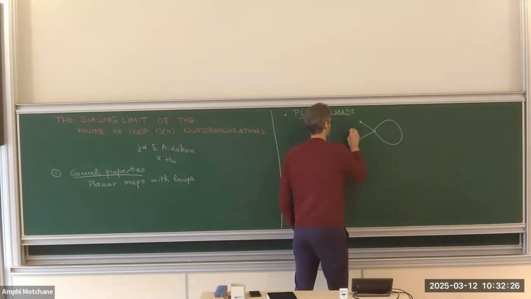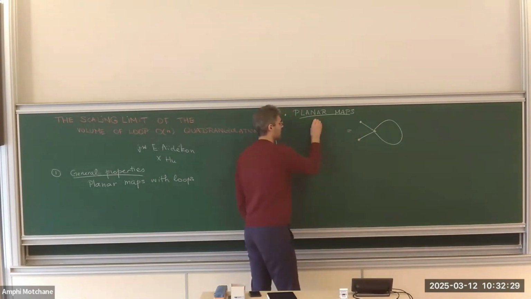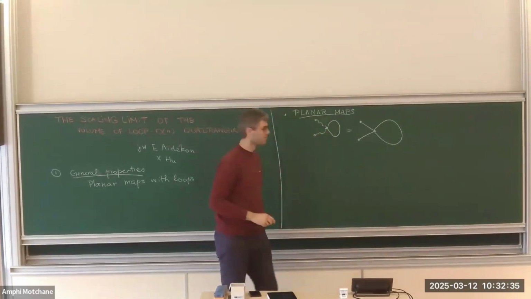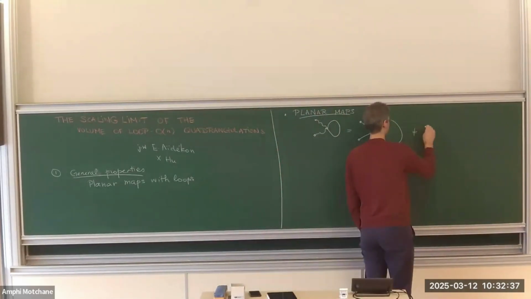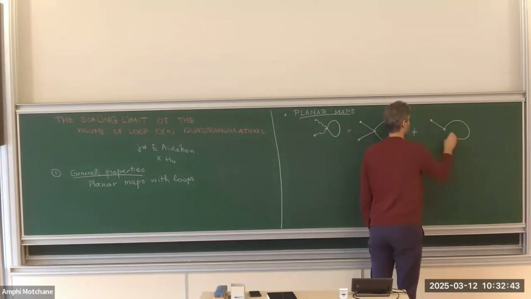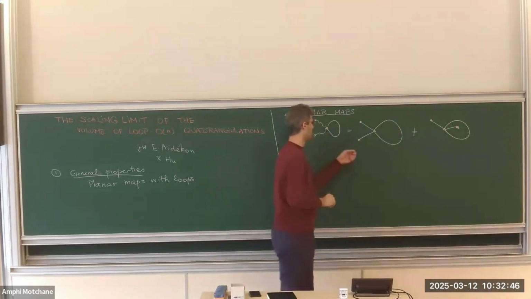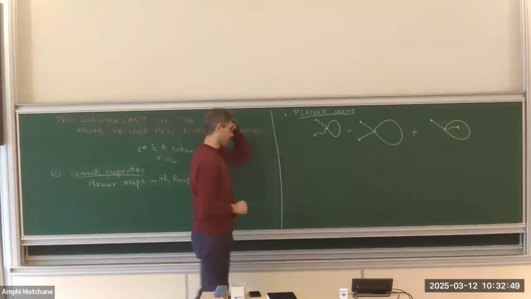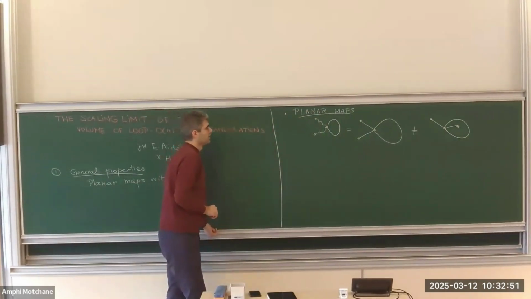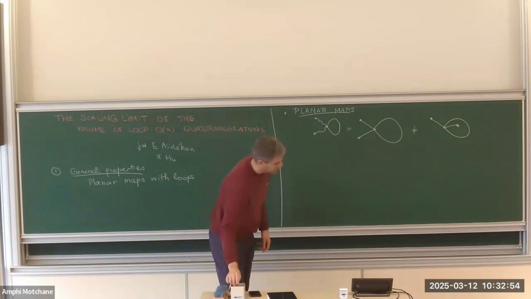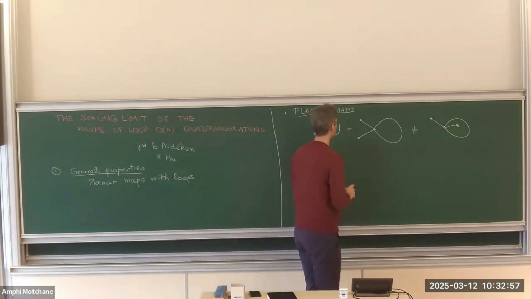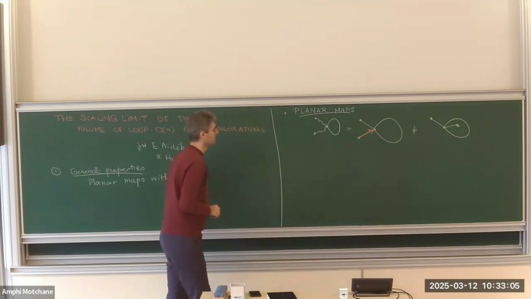And I'm not going to look at the shape of the edges. So this is the same planar map, but this is different from this map where you've put the edge inside this component. All the planar maps that I'm going to consider are going to be rooted. This means that I'll have a special oriented edge that comes with the planar map.